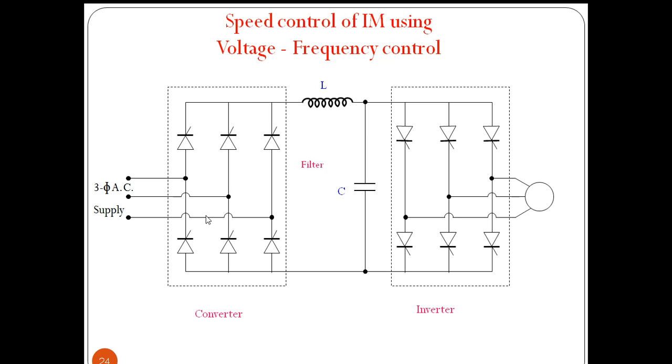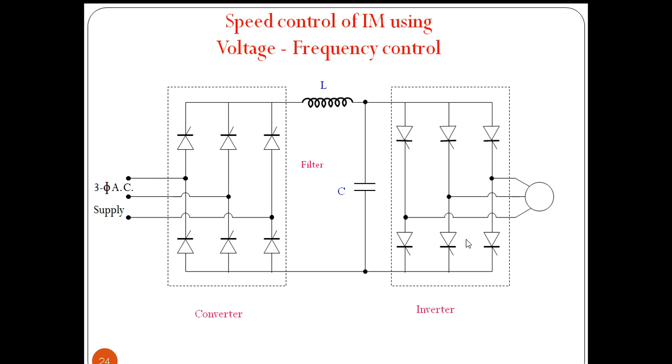Actually, by using the converter, we are not getting pure DC. To remove these pulses or other harmonic components which are present, we are using this LC filter, and this direct current will be given to the inverter, and this DC will be converted into AC by using the inverter.